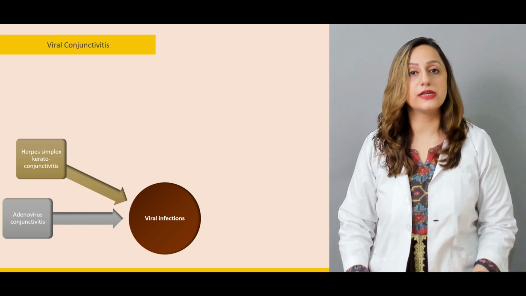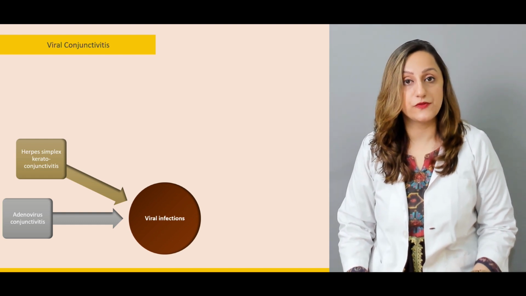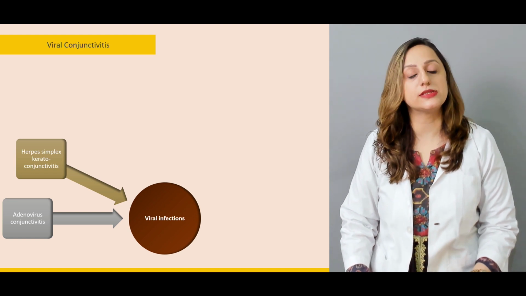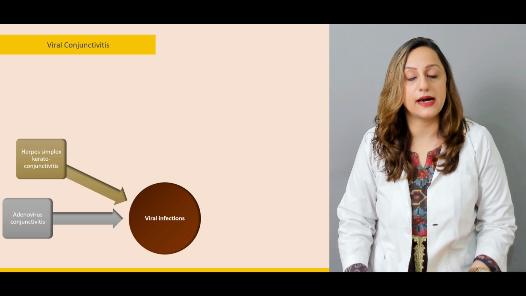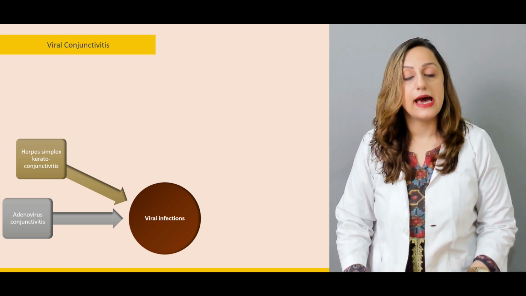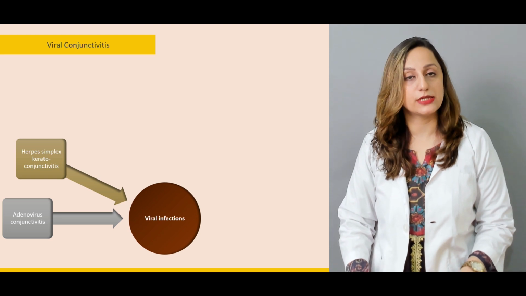When the conjunctiva is involved in herpes simplex virus infections, there is chronic irritation at the conjunctiva and at the limbal junction of the cornea and the conjunctiva, as well as a foreign body sensation.